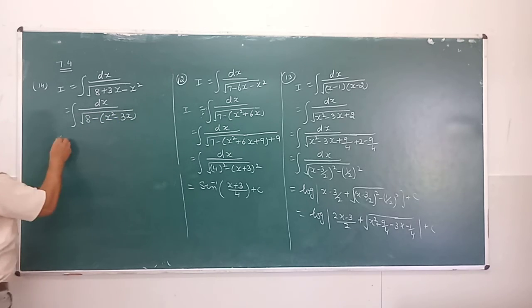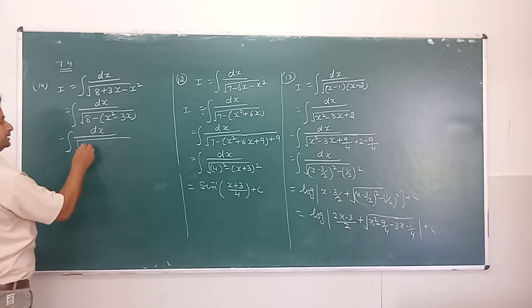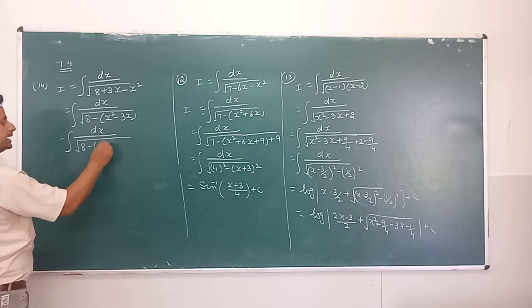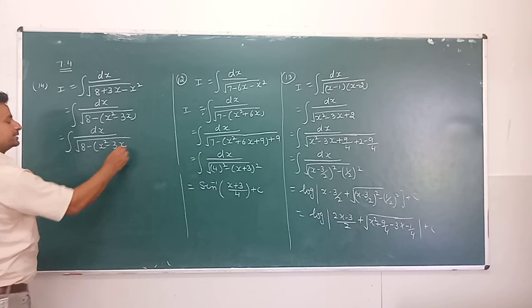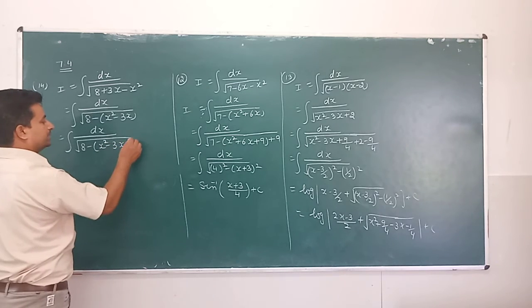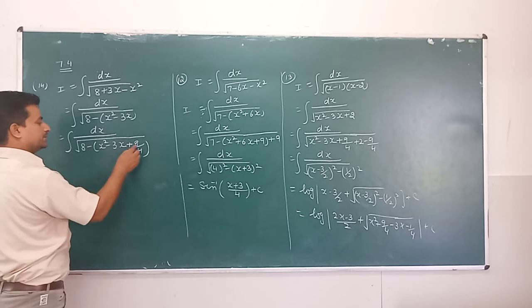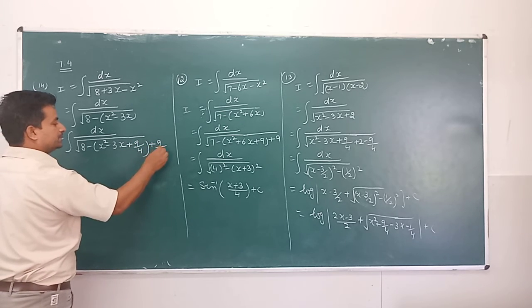For this, take minus common. After this, this is 8, this is x square minus 3x. Coefficient of x is 3, its half is 3 by 2, square is 9 by 4. This is subtracted, this is addition.